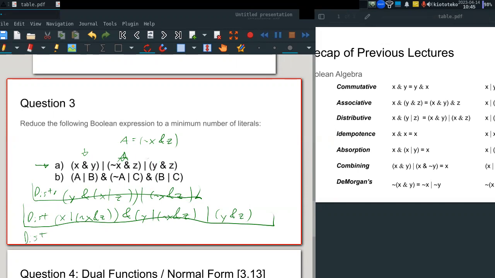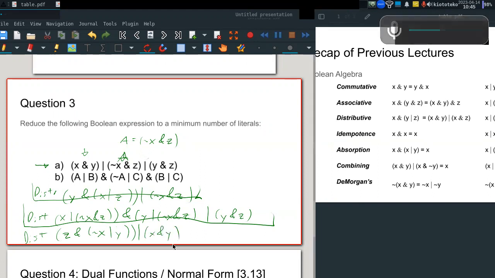So we have Z and not X or Y, or X and Y. Can we do anything more with this?